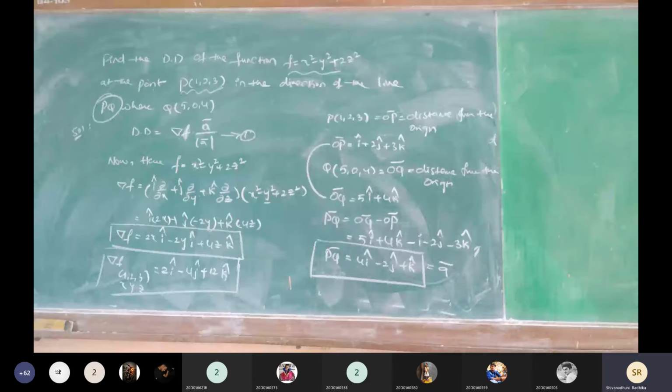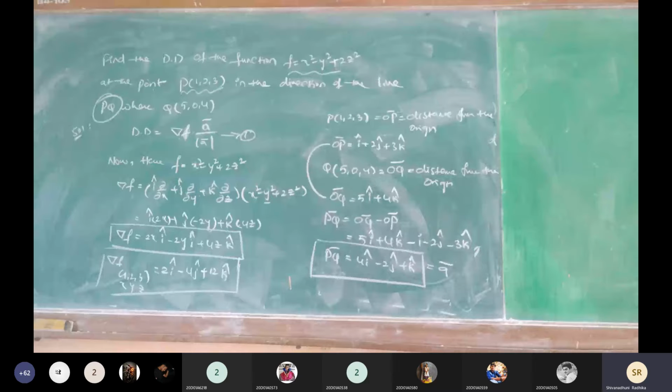First of all, the position vector r bar equals x i cap plus y j cap plus z k cap. So modulus of r equals r, which is under root of x square plus y square plus z square.